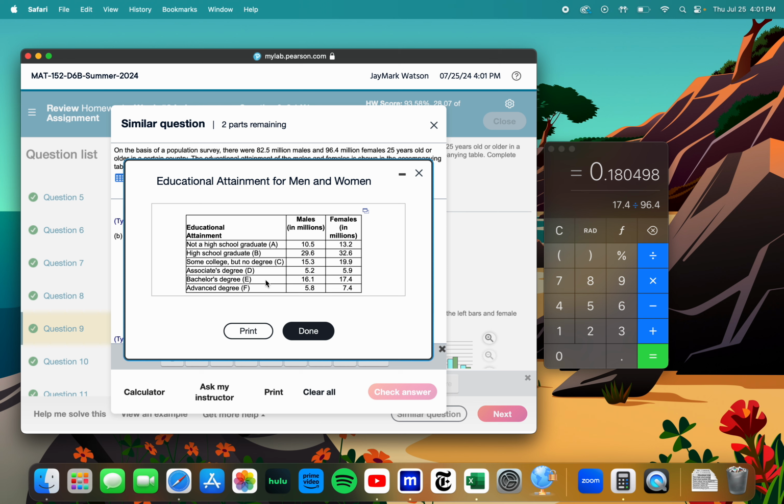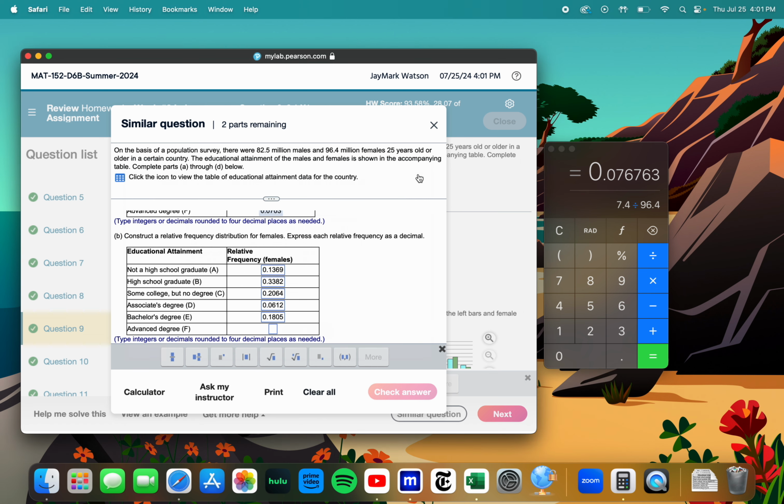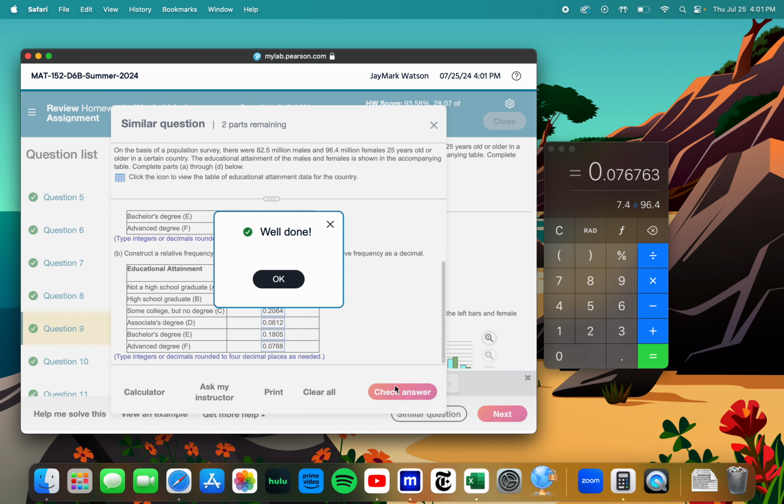For the final one here, 7.4. And that gives us 0.0767, but you will round that up to an 8 because of that 6 here. So that should be good.